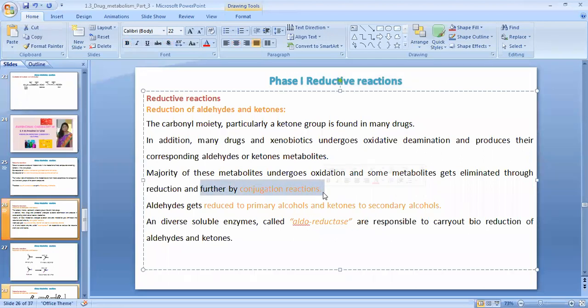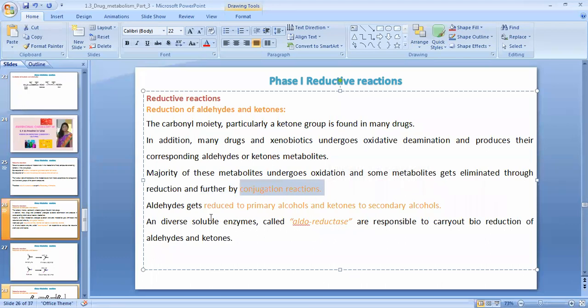See, some aldehyde and ketone or carbonyl compound containing drug molecules go for phase 1 reaction. If phase 1 reaction is not there, then they go for reductive reaction in the presence of biological enzymes, bioreduction. And if both these cases are not there, then they go further for the conjugation reaction.